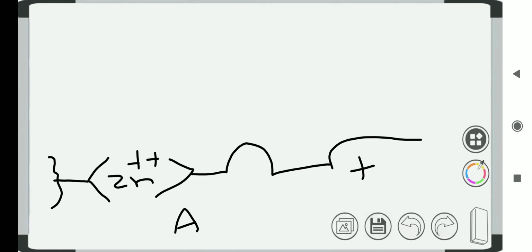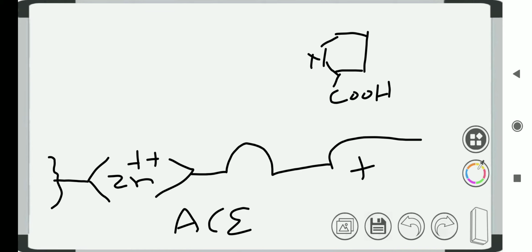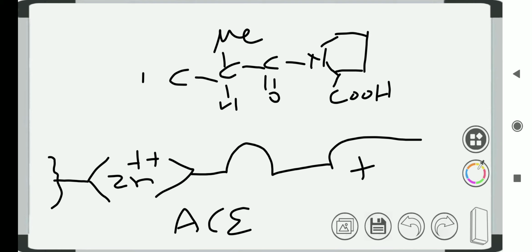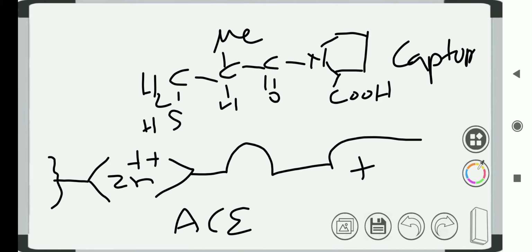We have here our captopril, binding through the carbonyl and carboxylic group, followed by the methyl. Methyl here, then here we have the sulfonyl group. So we have the ACE and we have the captopril here. Now how the bonding is going to happen, it's going to show the mechanism.